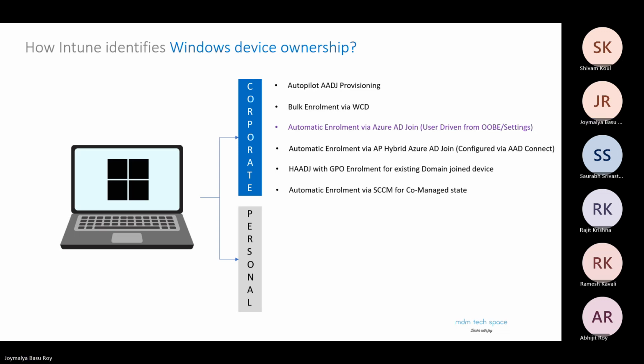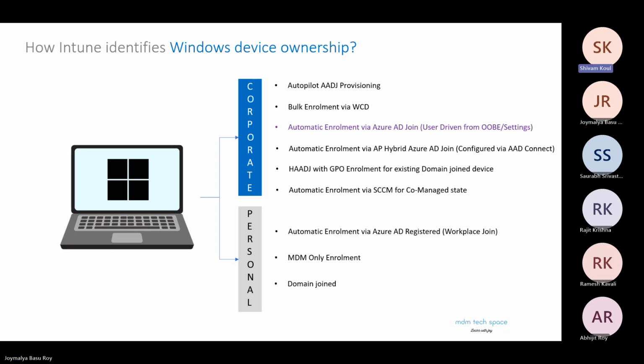Deep link is just a way of how you are initiating the process. But at the end, a deep link can initiate Azure AD registered, Azure AD joined, and hybrid Azure AD joined as well. If I'm initiating an Azure AD join process with a deep link, then it will come under corporate. But if I'm initiating an Azure AD registration with a deep link, then it will come under personal.